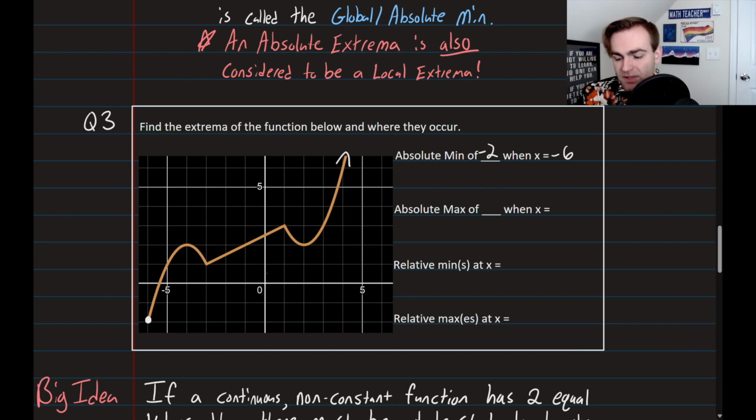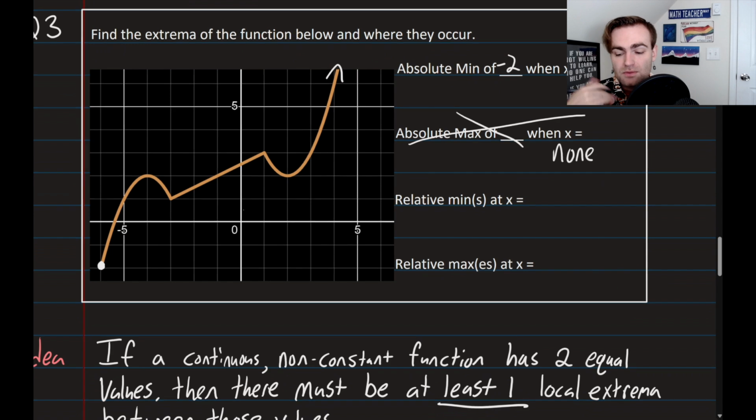So because that happens, we're going to say that there is no absolute max. We're not going to say it's infinity, because infinity being a number doesn't necessarily make sense. So we're just going to say it doesn't have any absolute max. No absolute maxes, my bad.